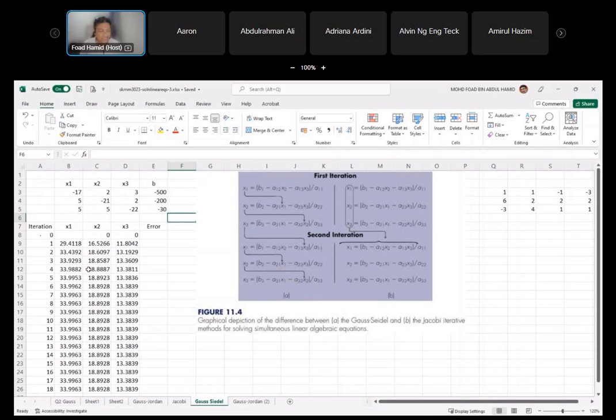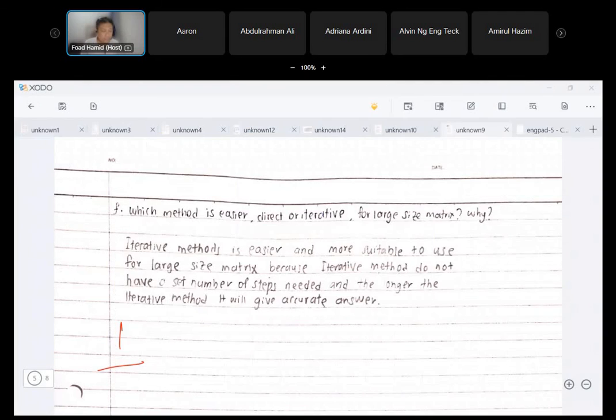So now let's go back to assignment number 4. What is assignment number 4? Let me close all this because it's taking up all my memory.